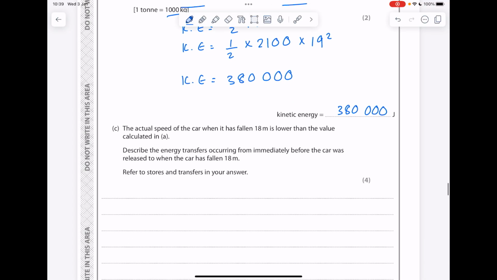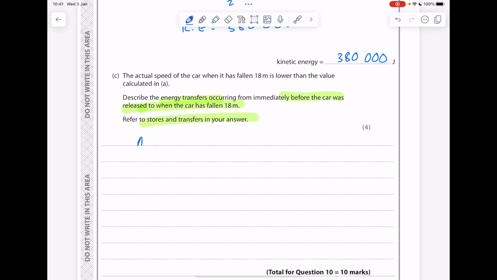The actual speed of the car when it has fallen 18 metres is lower than the value calculated in A. Describe the energy transfers occurring from immediately before the car was released to when the car has fallen 18 metres. Refer to stores and transfers in your answer. So at height, the car has a gravitational store.